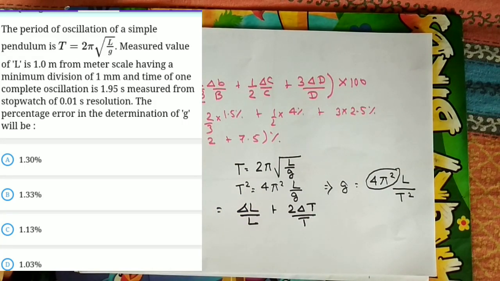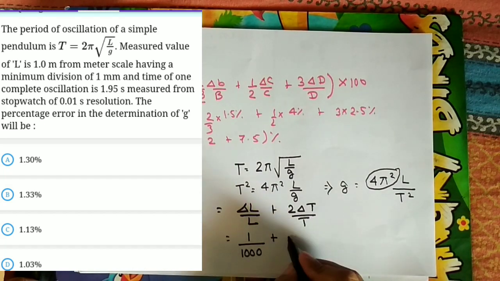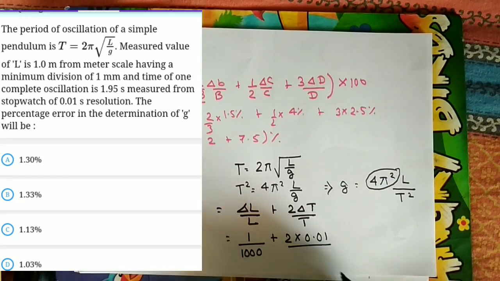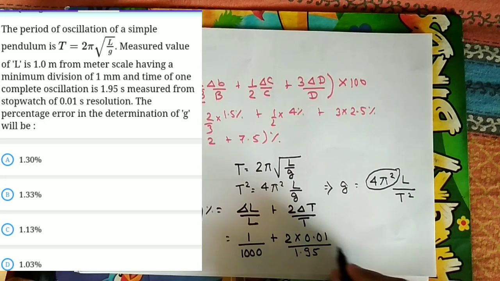Delta L is given, minimum division of 1 mm, and length is 1 meter. So we will change it into millimeter. So 1 meter is equal to 1000 millimeter, plus 2 into delta T. Delta T is given 0.01 second by time period of oscillation, which is given 1.95 second, and we have been given percentage, so multiply it by 100.